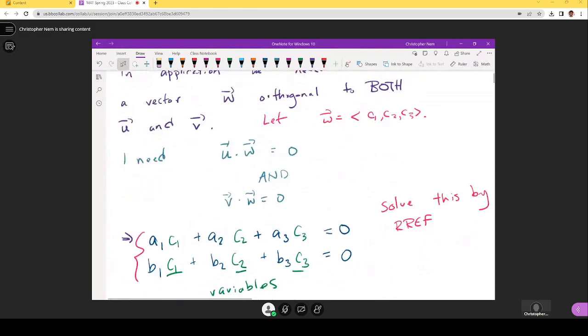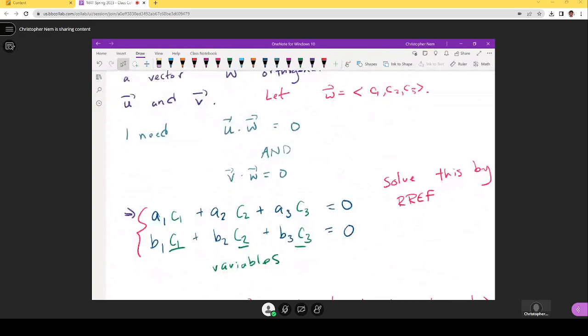So how do you do this? Well, I'm going to expand the dot products for u and w and v and w and set them equal to 0, because that's what we need. The components of u are a sub 1, a sub 2, a sub 3. The components of v are b sub 1, b sub 2, b sub 3. And w is what I want: c1, c2, c3. Those are the variables.